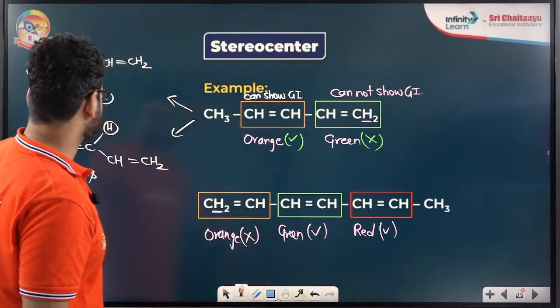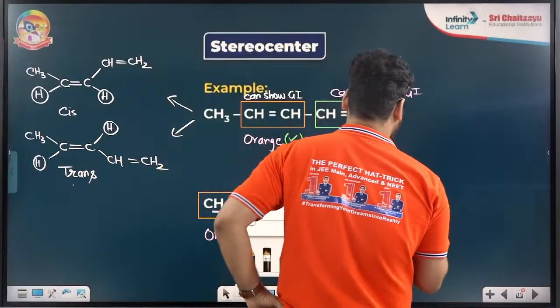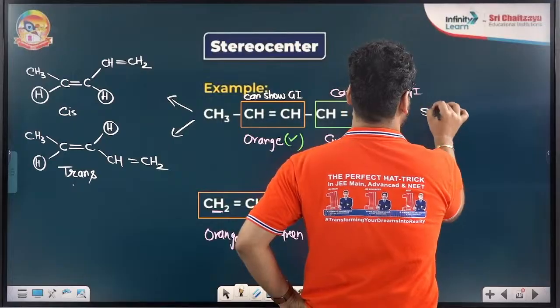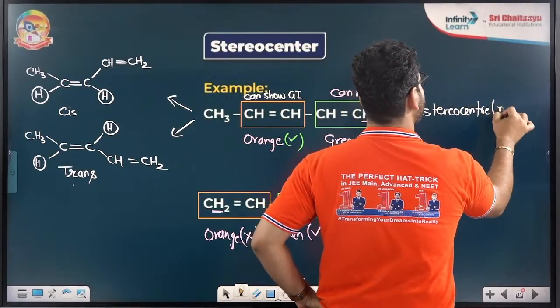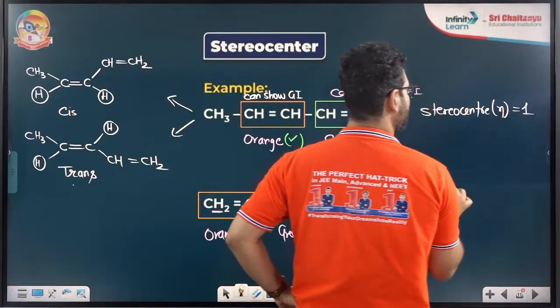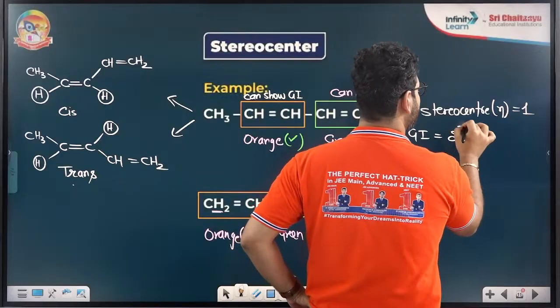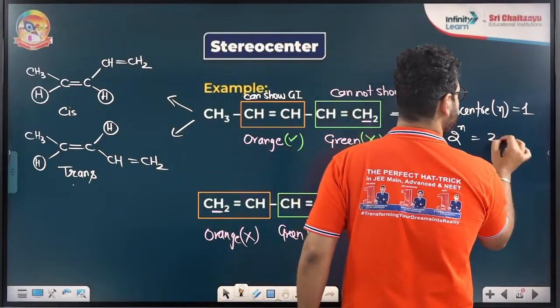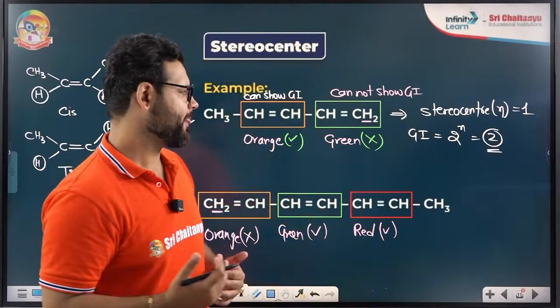One is cis, one is trans. So in the first one, stereocenter is 1. Let me call stereocenter n. If n value is 1, then total geometrical isomers are 2 to the power n, which is 2 isomers. Keep remembering these formulas.